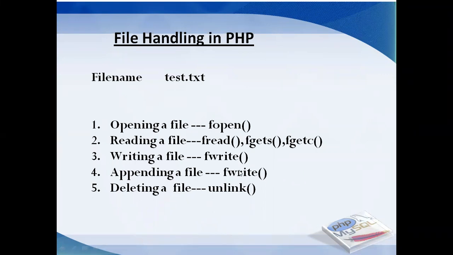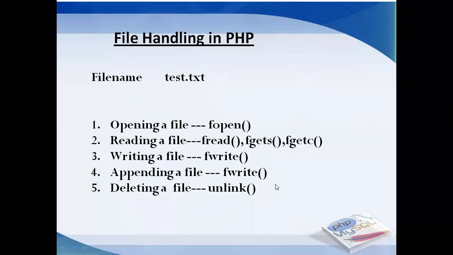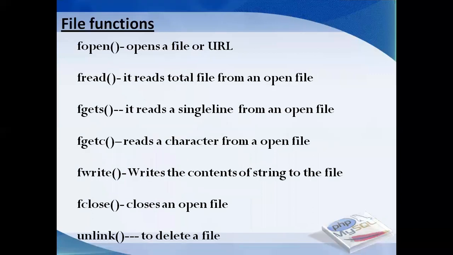For writing a file, you can go for the fwrite function. For appending also we will go for fwrite only. For deleting we have one function, that is the unlink function. These are the predefined functions.